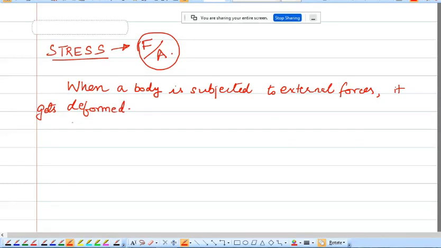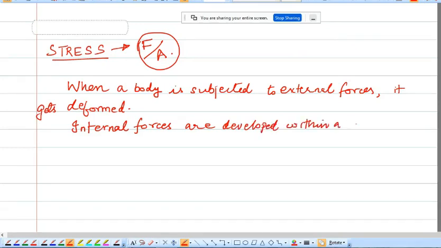So what happens internally? Due to these external forces, internal forces are developed within a body which oppose the deformation.